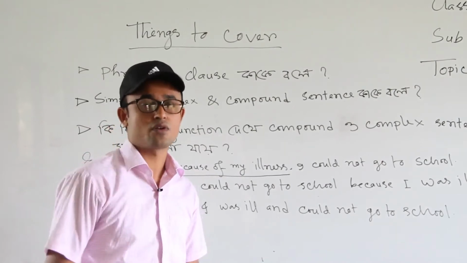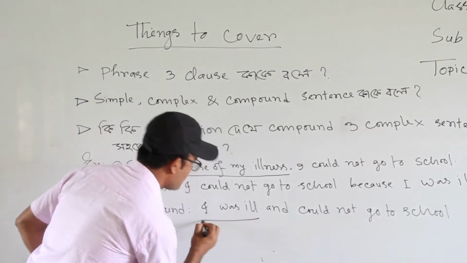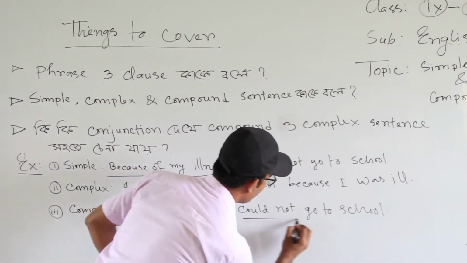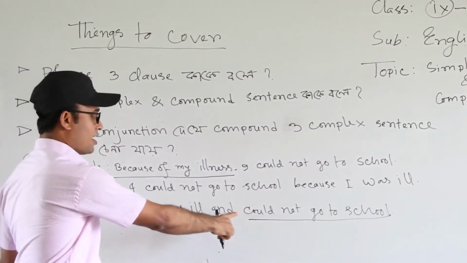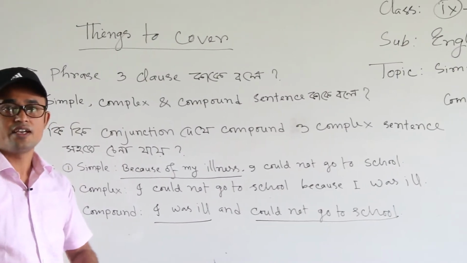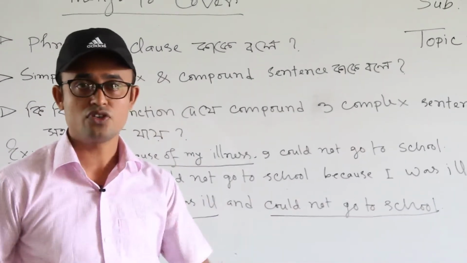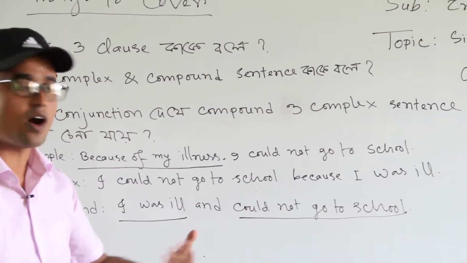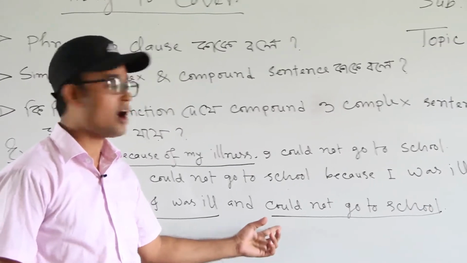Two principal clauses, that is, I was ill, could not go to school. Here we can use I. আমরা এখানে I সাবজেক্ট ব্যবহার করতে পারতাম। কম্পাউন্ড সেন্টেন্সে একই সাবজেক্ট দুইবার ব্যবহার করলে সেন্টেন্সের মাধুর্য নষ্ট হয়. That is why I don't use this pronoun here.